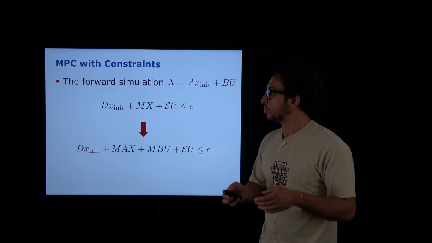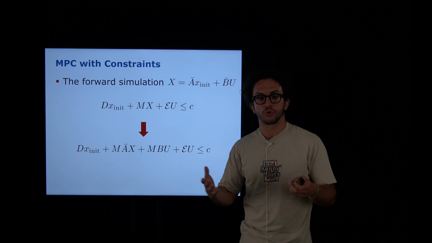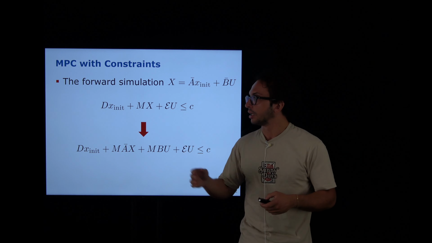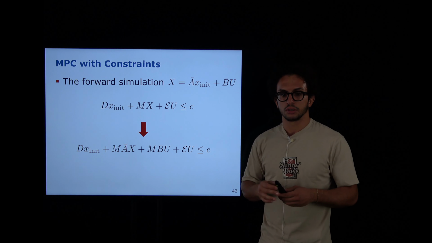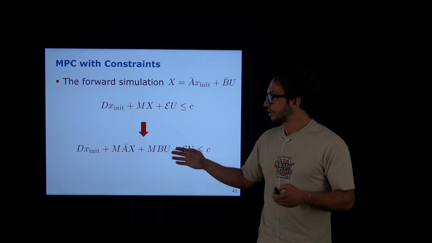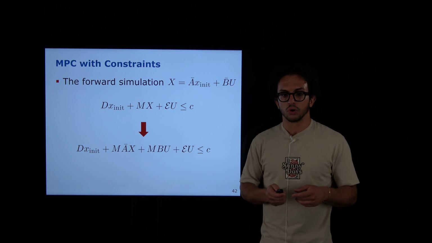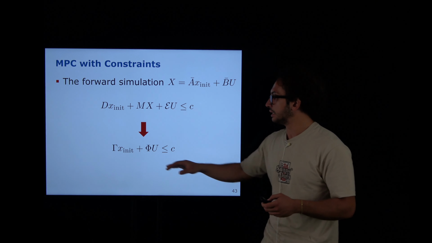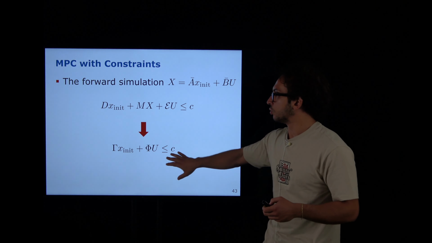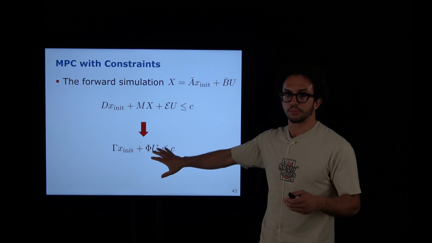And again, we can substitute our dynamics, so our forward dynamics, inside here and express what we're dealing with in this way. The forward simulation will be something like this, and in the end we end up with a formulation with something that depends on the states and something that depends on the input.